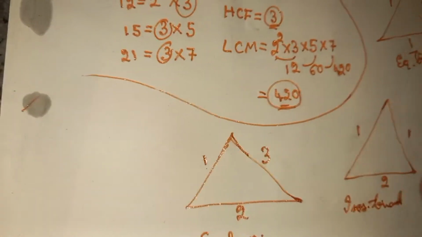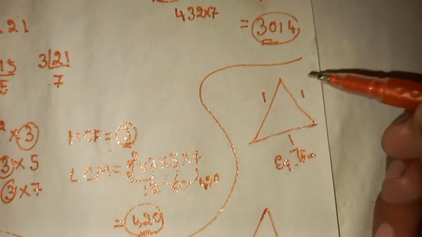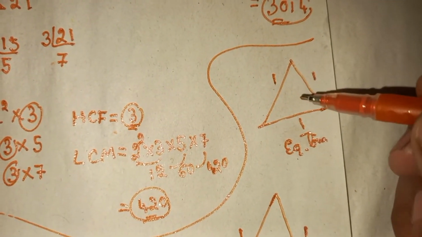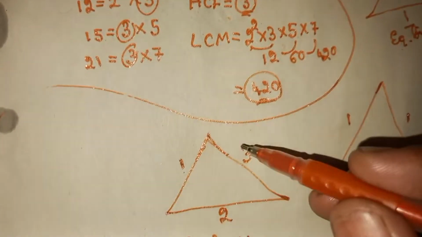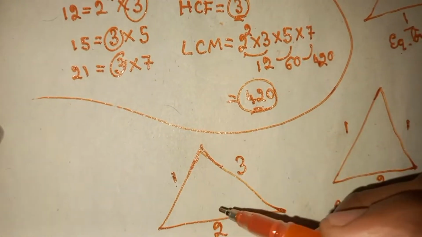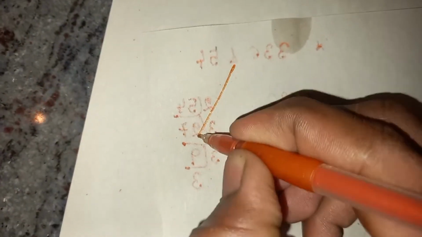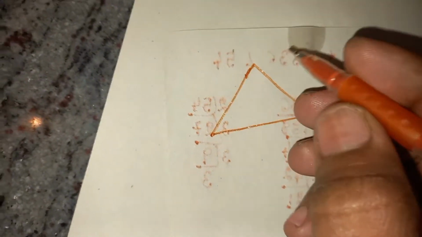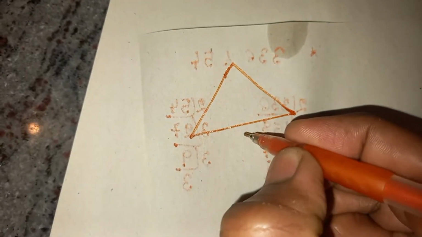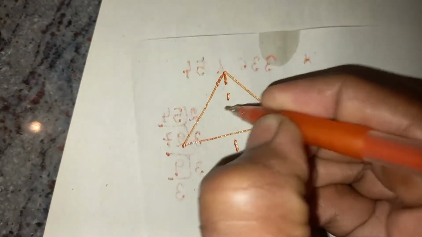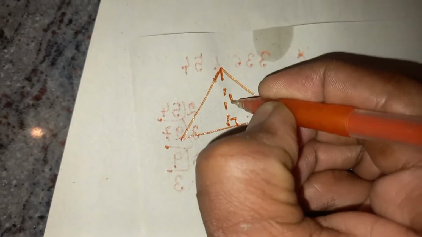In any triangle, you have a formula to find the area: half times base times perpendicular height. Let's do it like this. In this triangle the base length is 1 unit and the perpendicular height is 1 unit.